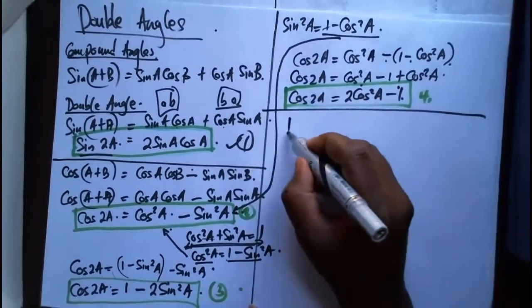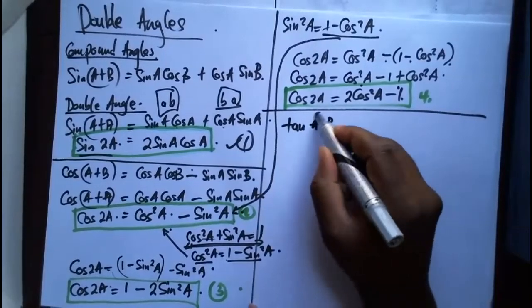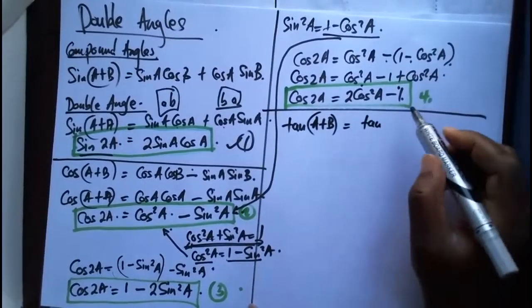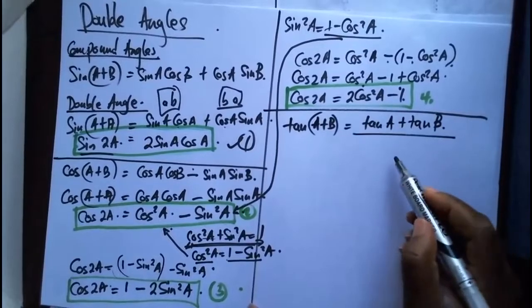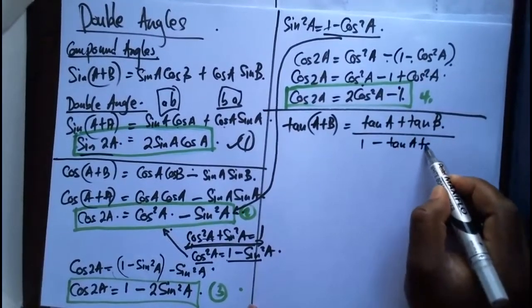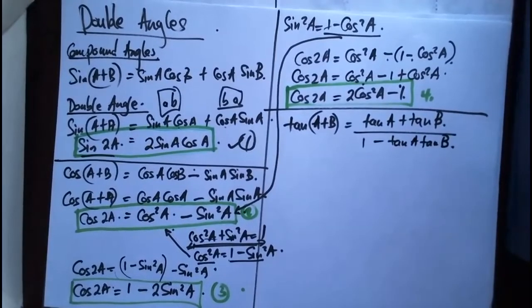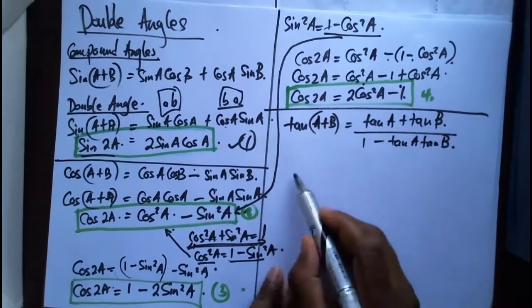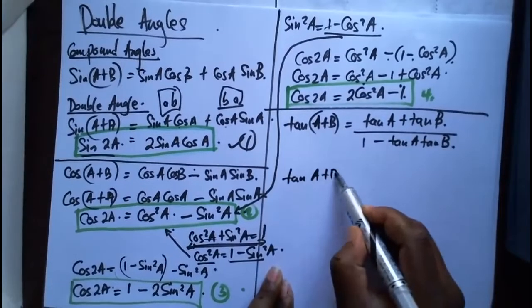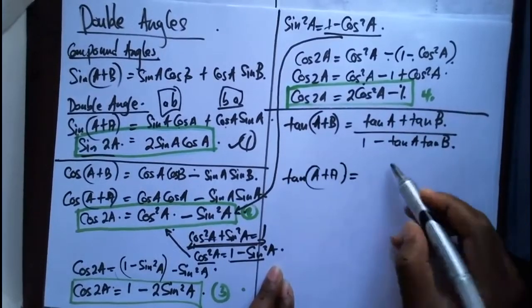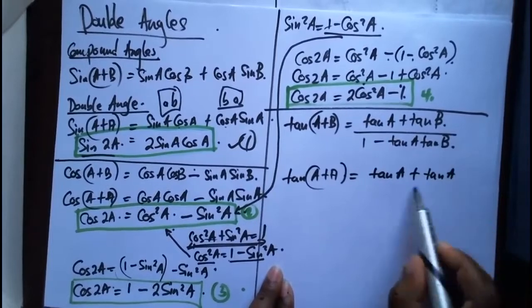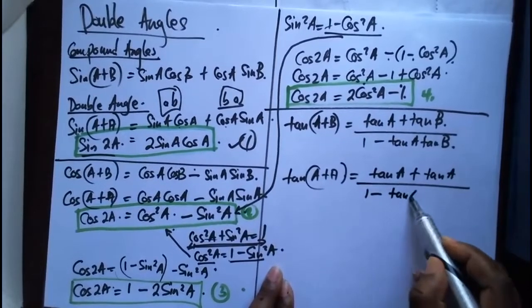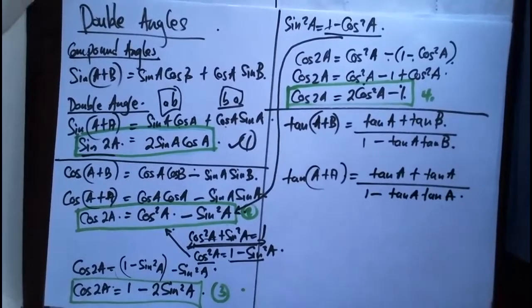The compound angle says tan (A plus B) is equal to tan A plus tan B over 1 minus tan A tan B. So the double angle now says tan (A plus A) is equal to tan A plus tan A over 1 minus tan A tan A. Right?